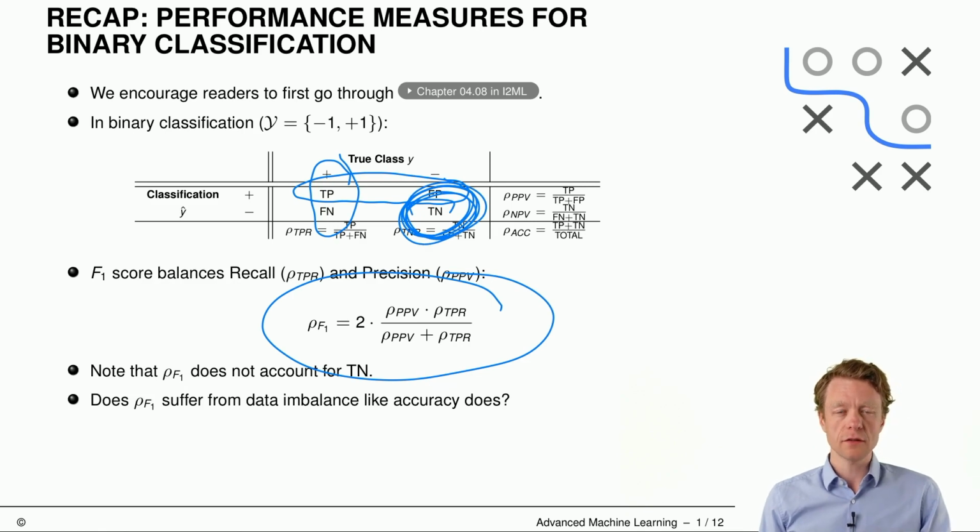So just at the 3 other values. And now, of course, in this chapter we ask ourselves, does the F1 score suffer from data imbalance just like the accuracy did? Or does it not suffer from such problems?